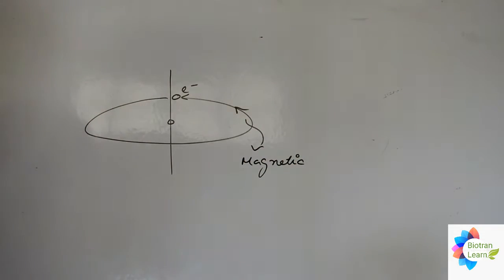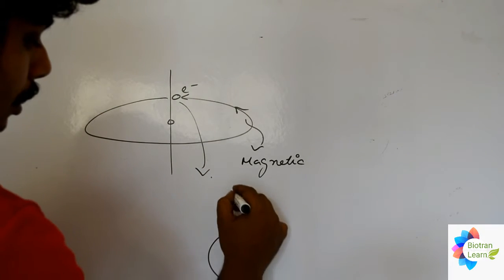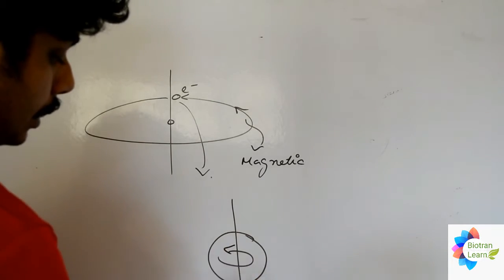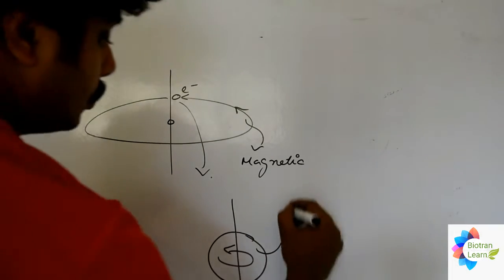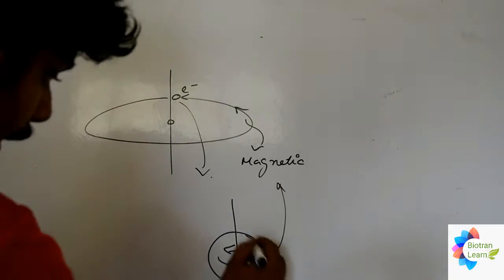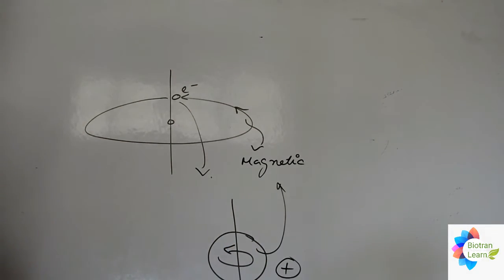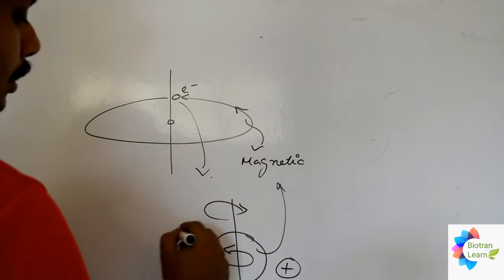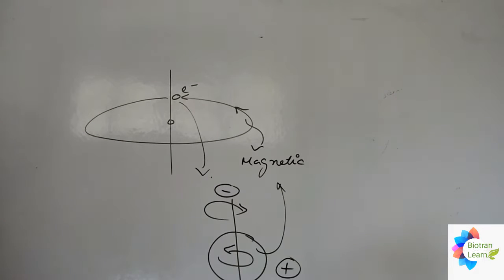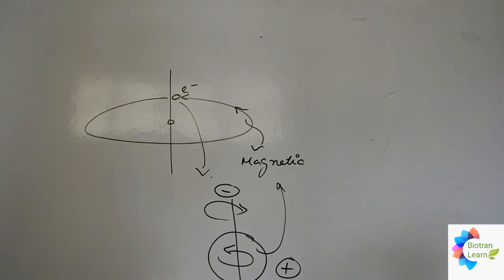This will give a magnetic property, and this particular electron also has a rotational property, a spin. This will lead to the magnetic property also. This direction of the spin is the positive direction, and this direction is the negative direction. That may be either the counterclockwise movement or the clockwise movement, right?